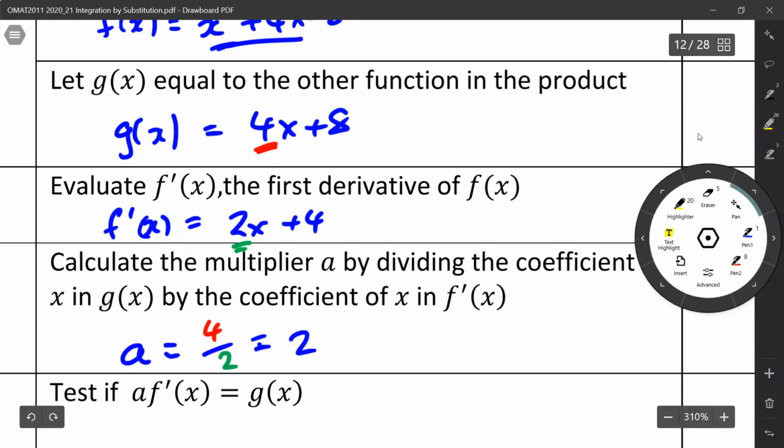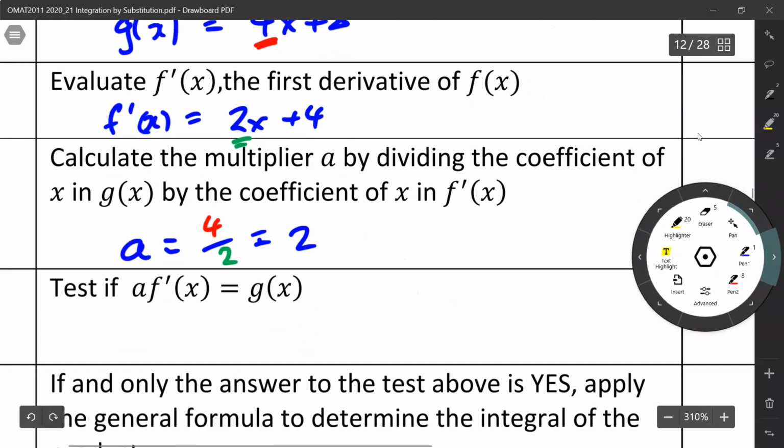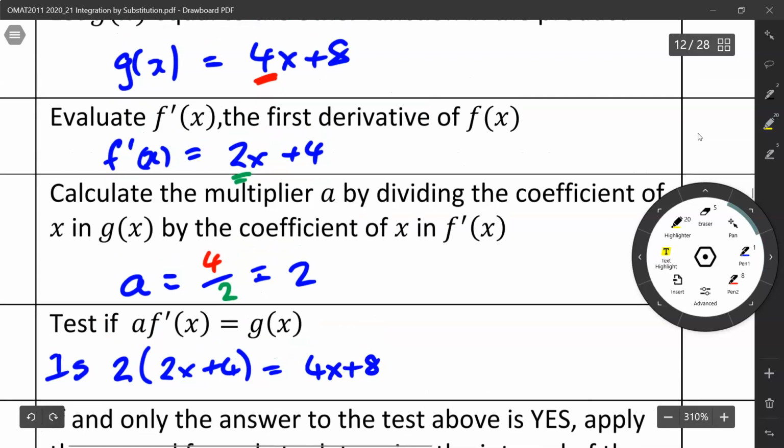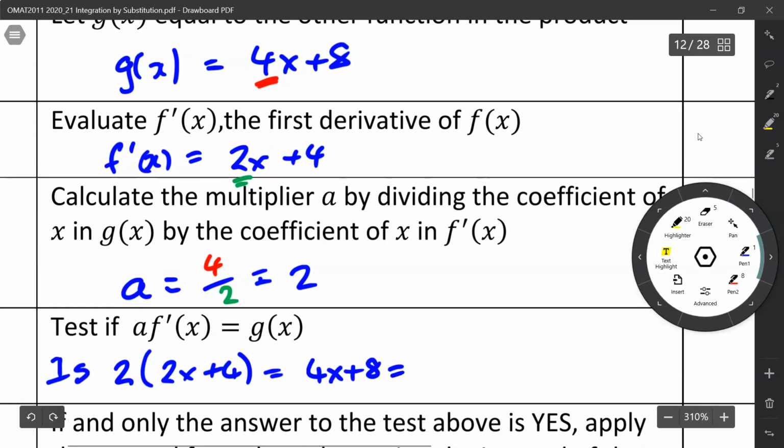And then the question is, a, which is 2, times f prime x, that is equal to 4x plus 8, and is that equal to g at x? That is equal to g at x. That means we answer yes.